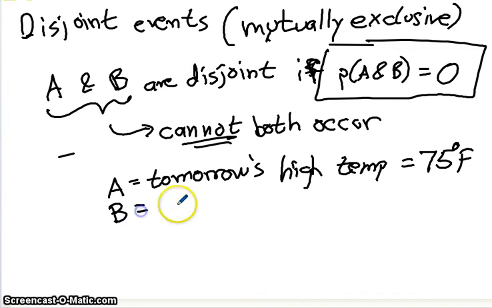Event B is it will snow. Those are disjoint events. They can't both happen. So by definition, I would say they're disjoint.